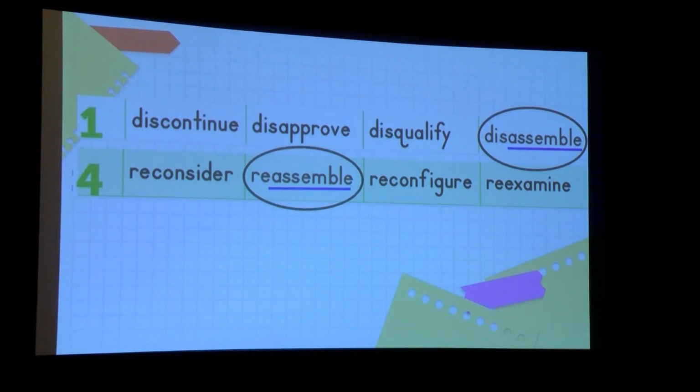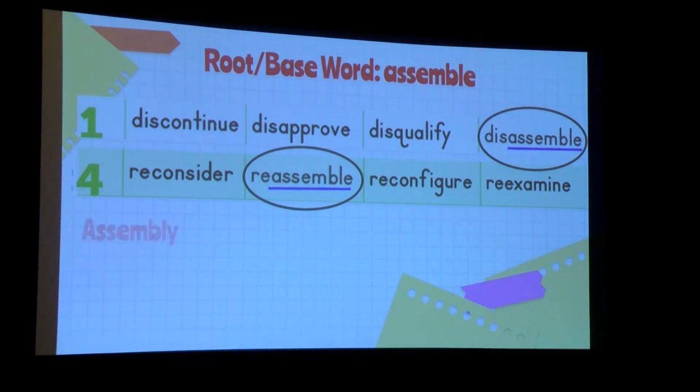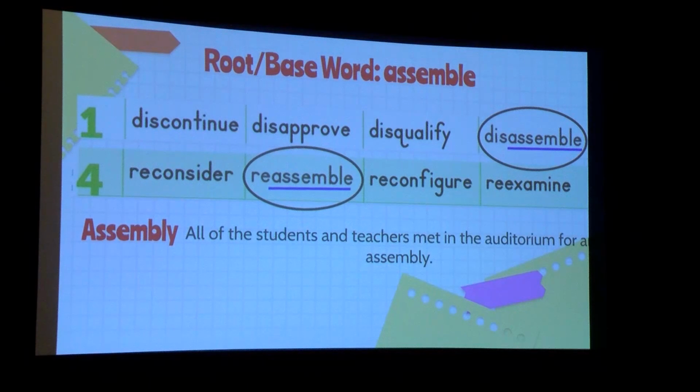We said the base word is assemble. Can you give me another word? I just flashed it up here with the base word assemble in it. Assembly. Okay, an assembly is, all of the students and teachers met in the auditorium for an assembly.